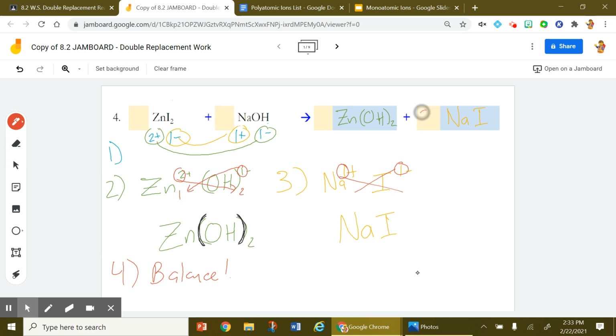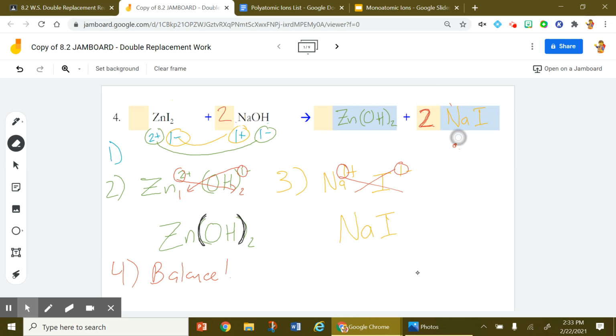So I'm going to put a 2 in front to represent 2 iodines. We take this 2, multiply it by the 1. Now we've got 2 iodines on both sides. Sodium over here we have 1, but over here we have 2 sodiums. So we've got to put a 2 on this side. Now we've got 2 sodiums and 2 sodiums.